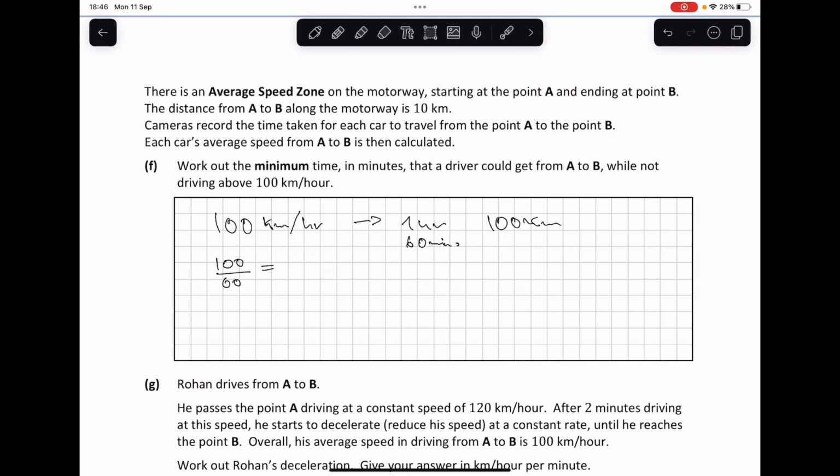And our new unit is 10 over 6. What would that be? I'm going to go with 5 over 3. And that's kilometers per minute.